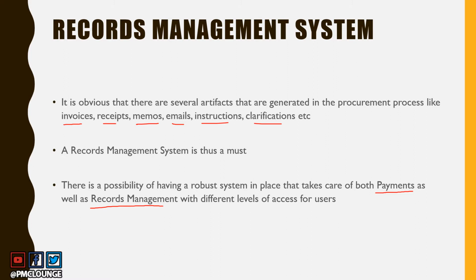So the level of access that you could have will not be exposed to the process of payments as such, but you definitely need to have access to the records management system, because these are the documents that you may need at some point in time in your project, right? So this is the difference between the records management system and the payment management system.